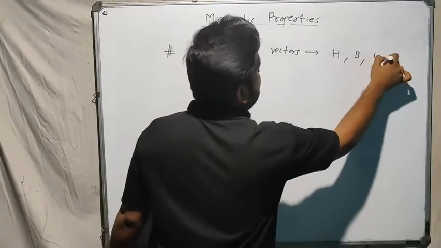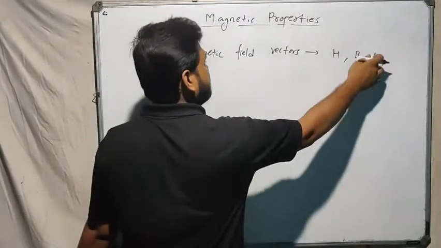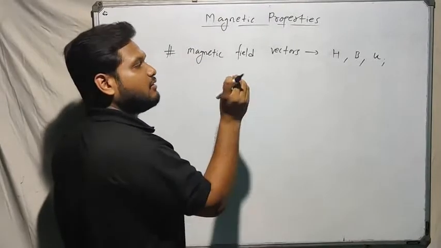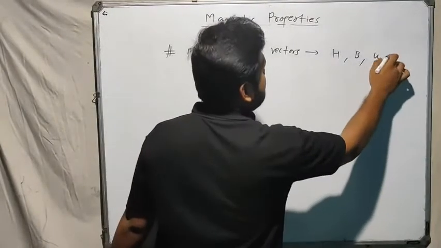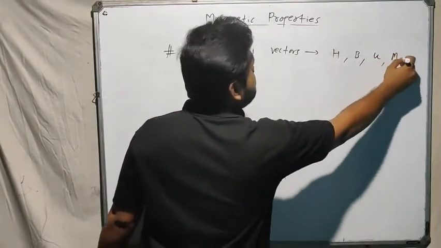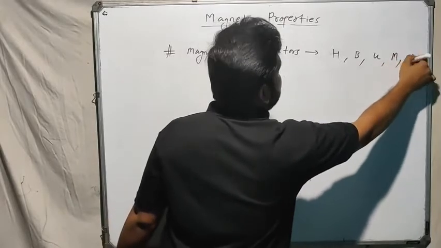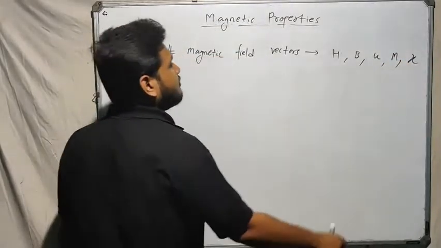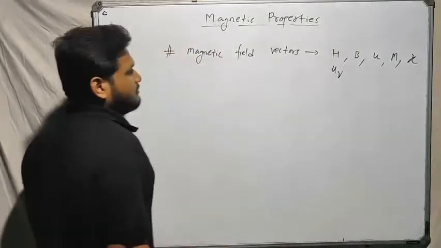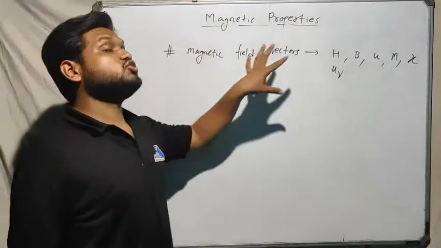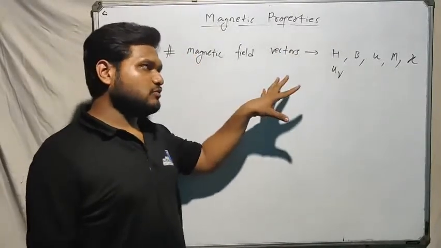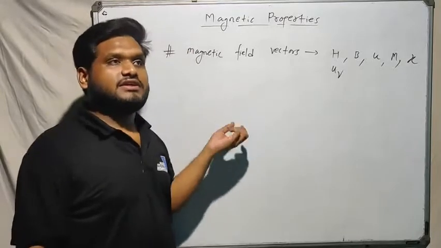Then you have permeability, which we will talk about. Then you have permeability of a vacuum, of a solid material. Then you have this term known as magnetization. Then you have susceptibility. All these things we will talk about. Then you have relative permeability. So all these vectors you should know in order to go into deep analysis of, let's say, copper.